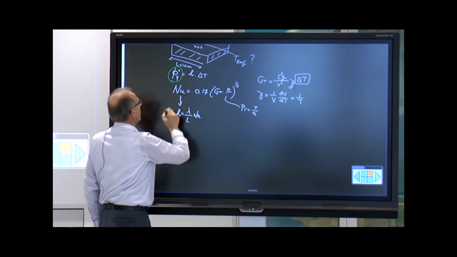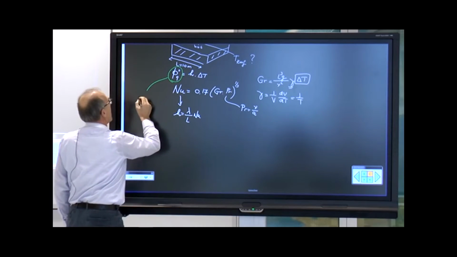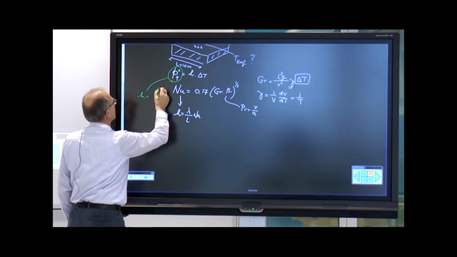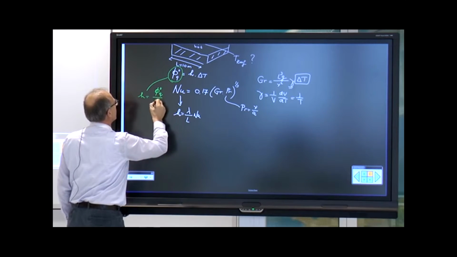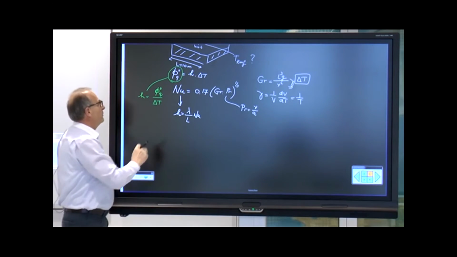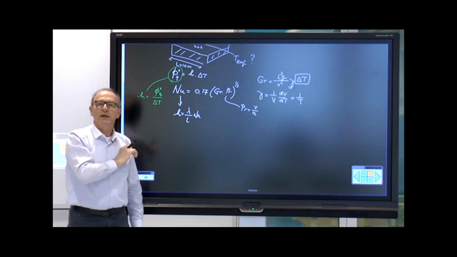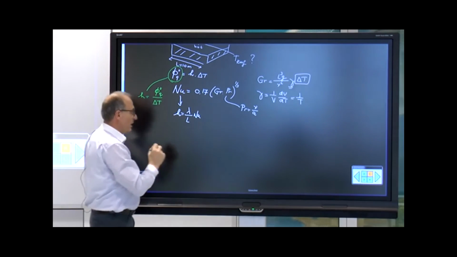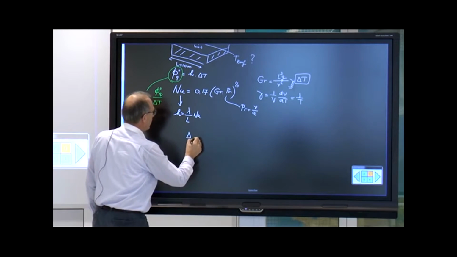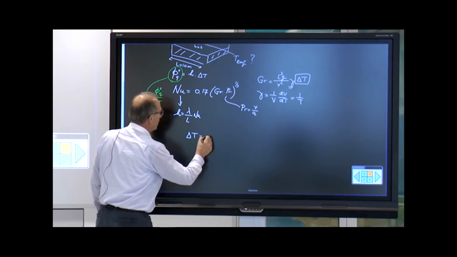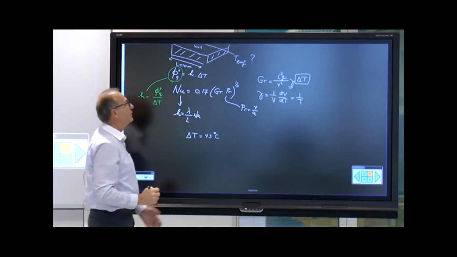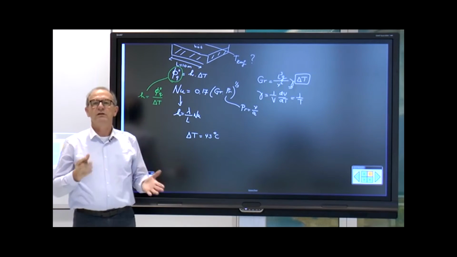So in fact, we could say h is in principle also the flux divided by delta T. So in fact, we now have two equations with which we can eliminate delta T. If you eliminate delta T, you will find a value of delta T of 43 degrees Celsius. So that means that the roof is 63 degrees C.